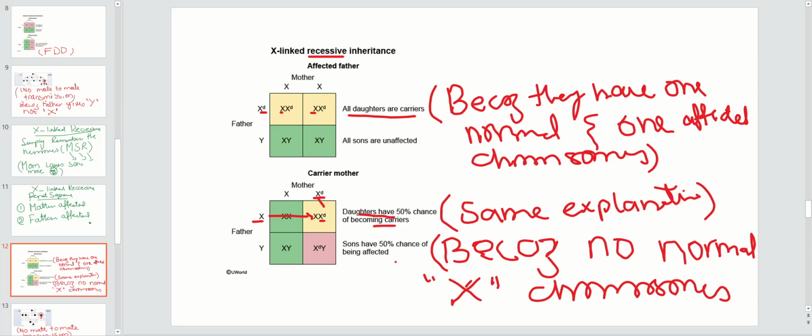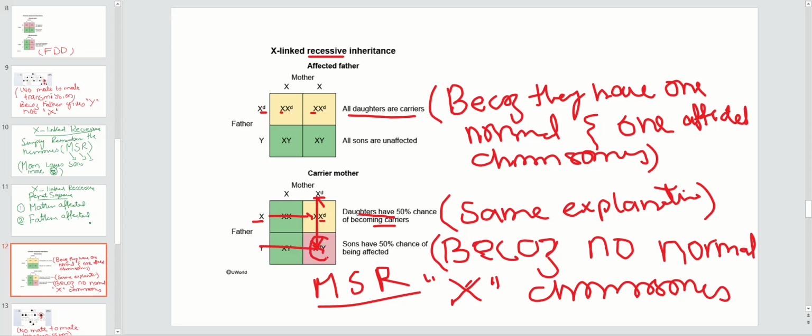And what is happening in case of the sons? Sons have a 50% chance of being affected. Again, the mnemonic MSR, mother, son, recessive. That is what this disease chromosome is contributed into this male, while the Y is coming from the father.